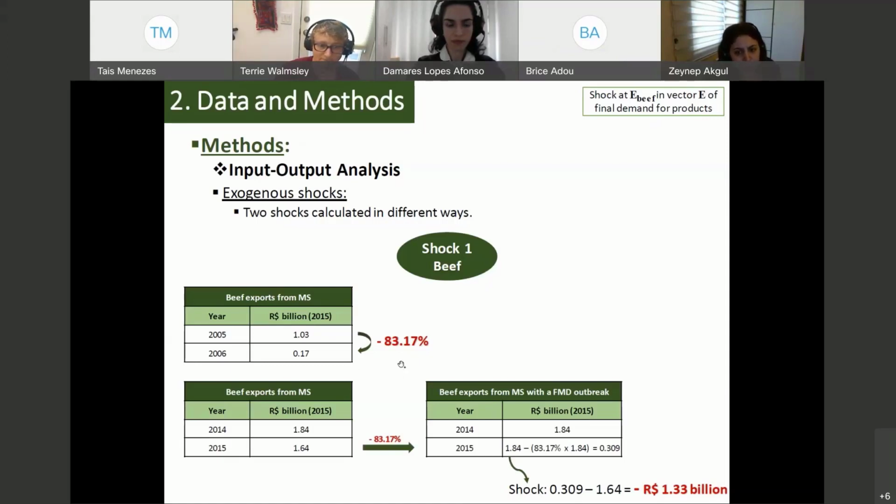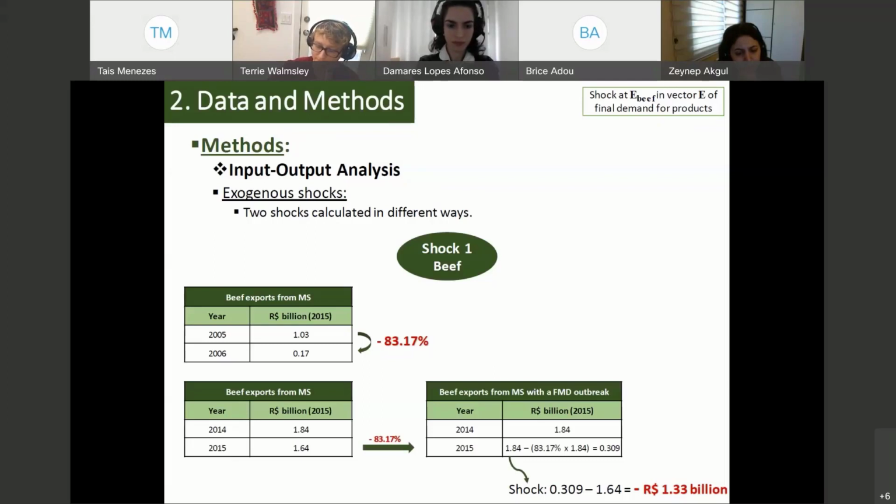This proportion was applied to the value of exports in 2014. The result indicates how much exports in 2014 would fall in case of an FMD outbreak like the one in 2006.